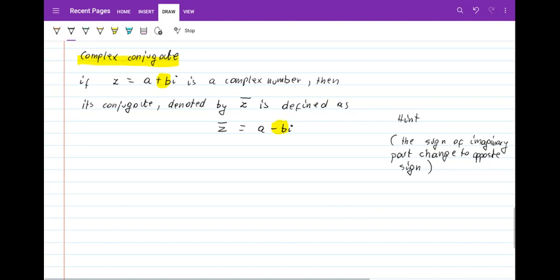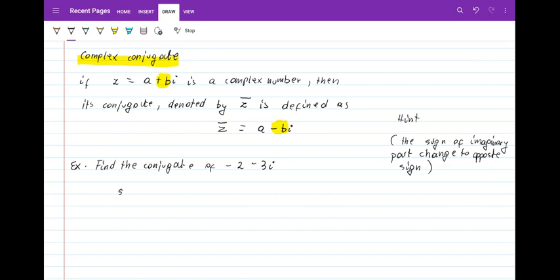Okay, so quick example. Find the conjugate of negative 2 minus 3i. So this is my complex number.